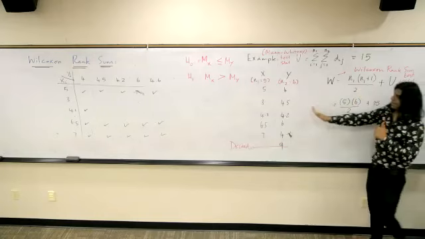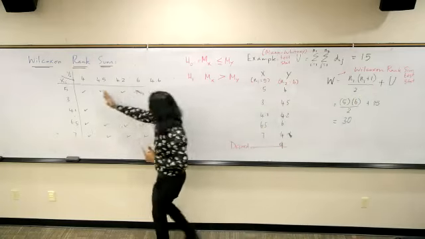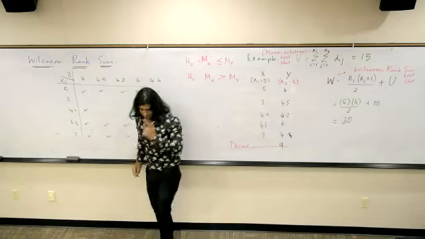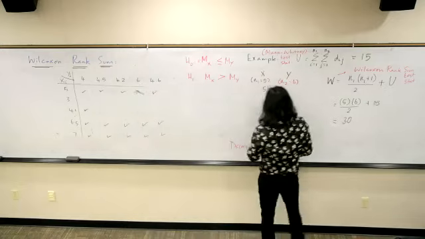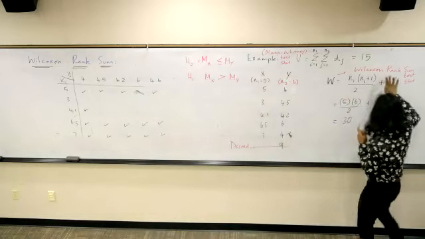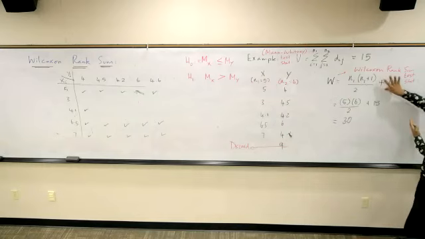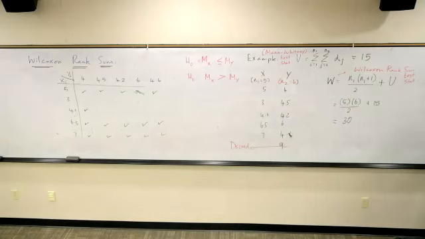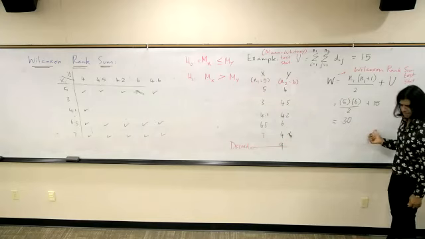But if I have more check marks here, then this number will be large, and I'm going to keep on moving far away. Good. So that is the principle of the Wilcoxon test.